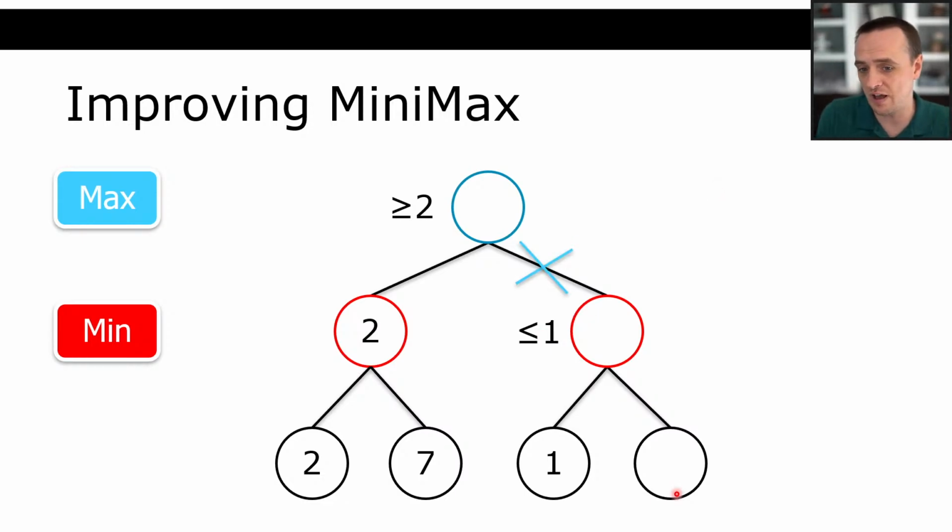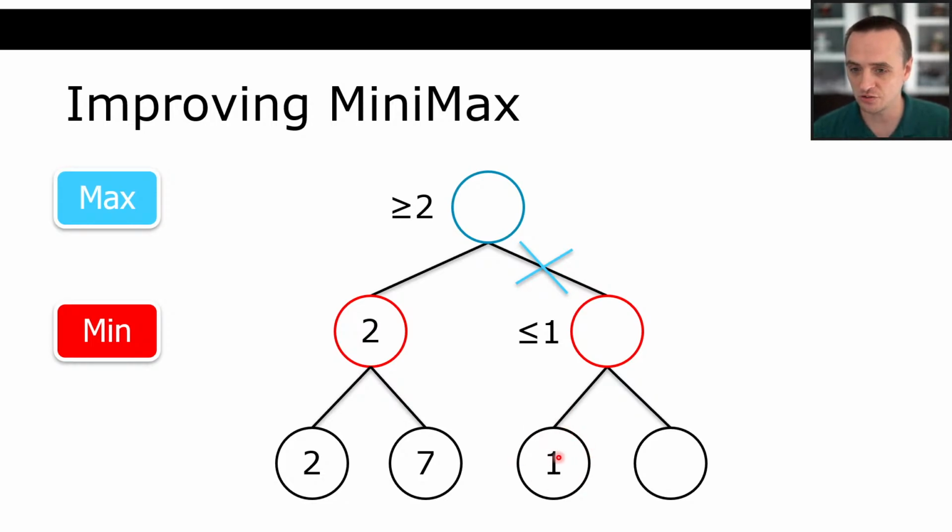I don't need to evaluate any of these nodes, because no matter what we end up coming up with here, if it's a 1 million, we will never be able to get here as the maximizing player because the minimizing player will choose this.